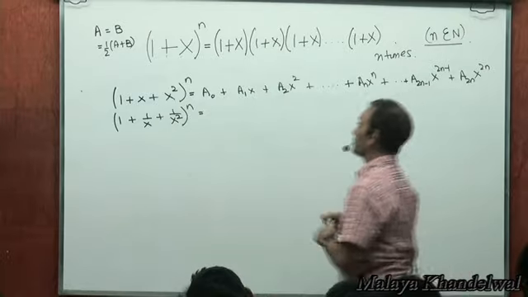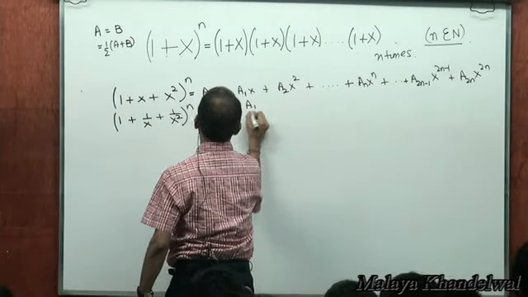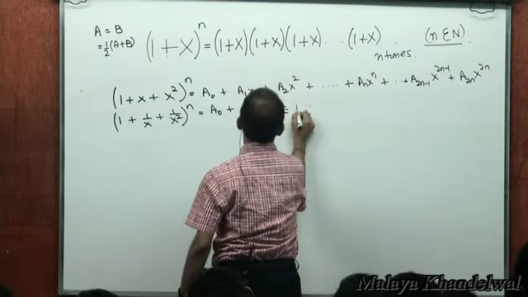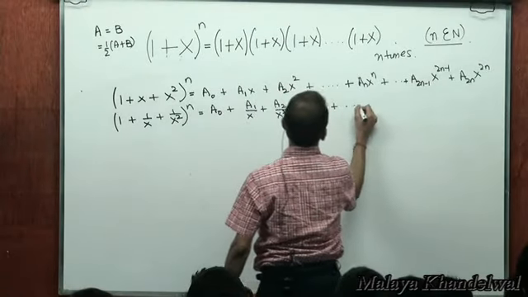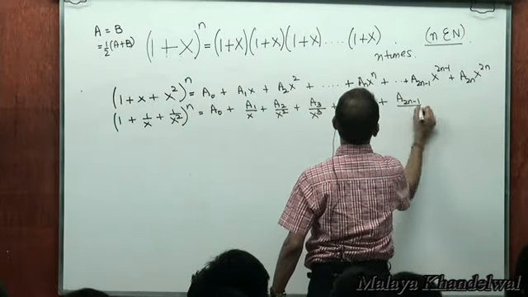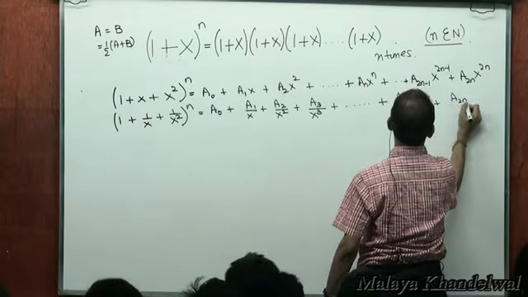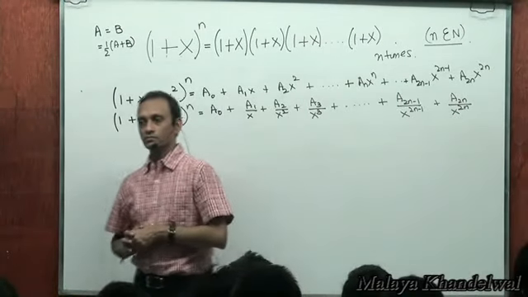Right? That's going to give you a naught plus a1 by x plus a2 by x squared plus a3 by x cubed, right?